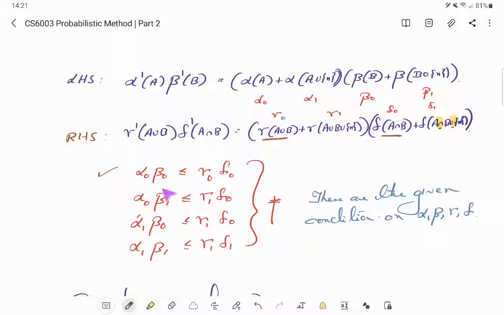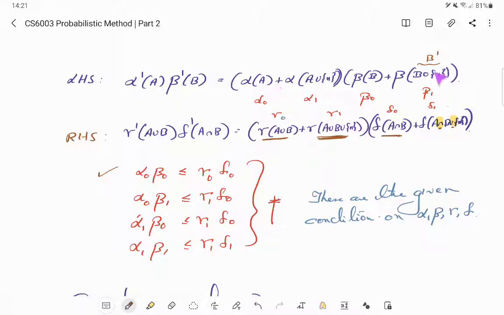Similarly, what about alpha of A times beta of B union N? Now B union N is another set, let me call it B prime. Because alpha, beta, gamma, delta satisfy the premise, this should be at most gamma of A union B prime, which is gamma of A union B union N, that is gamma 1, times delta of A intersection B prime.